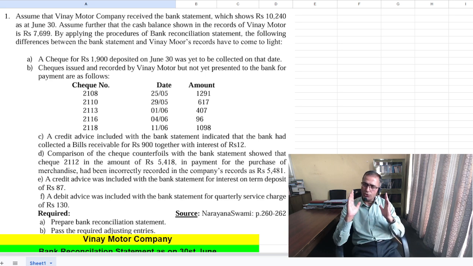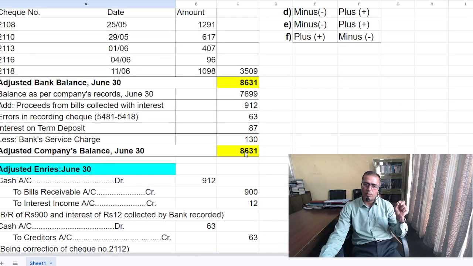At first your job is to understand the question carefully and try to understand your given information as we did, like your cash book and passbook, what happened to the cash book, what happened to the passbook. Simply you need to recall that in the balance as per bank statement, you would be adjusting deposit in transit, outstanding checks and bank errors, while in the balance as per company record, you would be adjusting all other remaining information friends. And next, your adjusted balances must be equal.